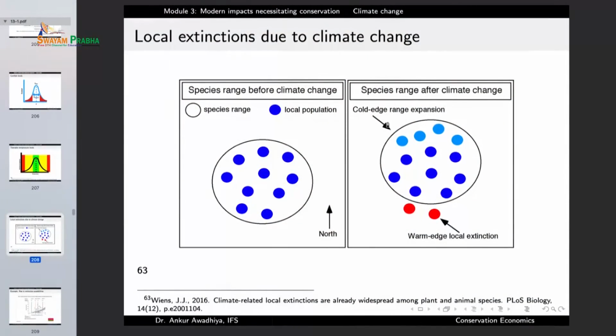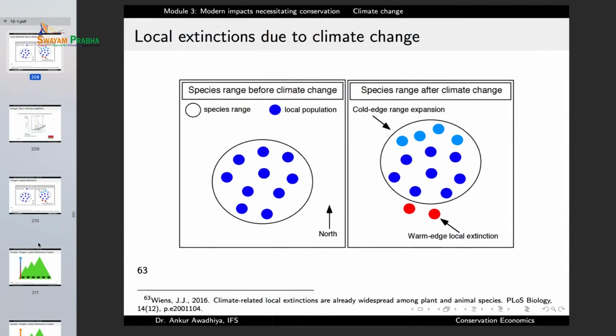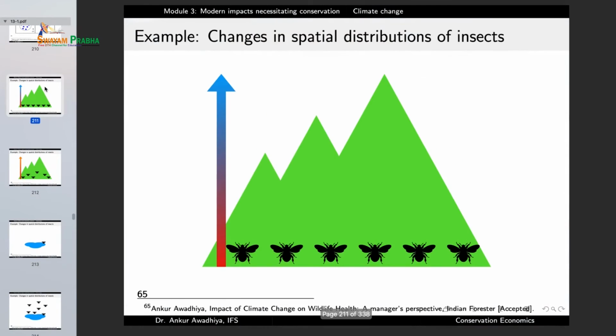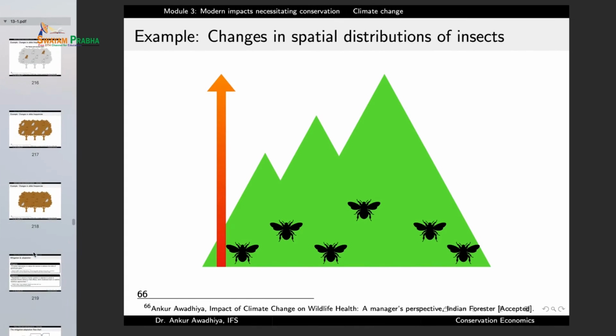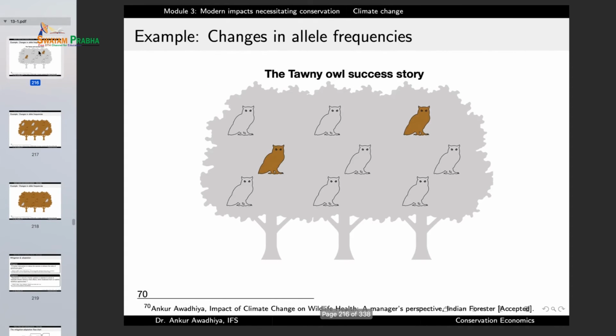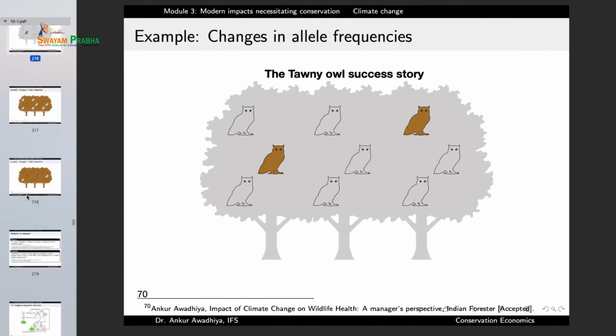On the other hand, certain areas that were earlier too cold for the organisms to survive have now become more congenial. And so there is a cold range expansion and a warm edge local extinction. This change in the cold edge extension is being observed primarily in the case of insects, because they are now reaching higher up in the mountains. We are also observing changes in the allele frequencies in things such as the tawny owl.